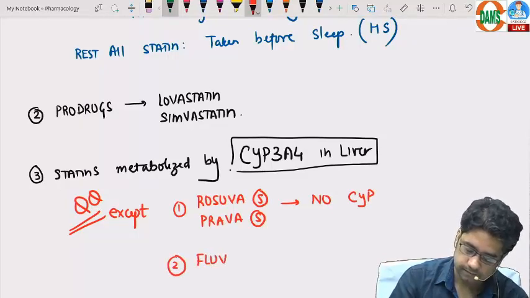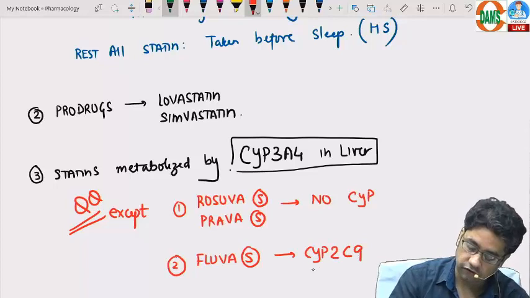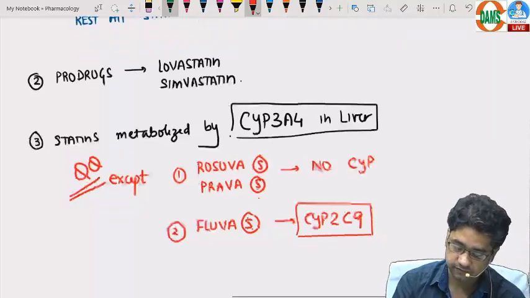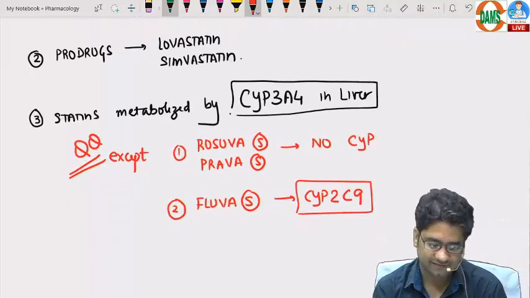Fluvastatin, CYP 2C9, warfarin wala sir, warfarin wala.